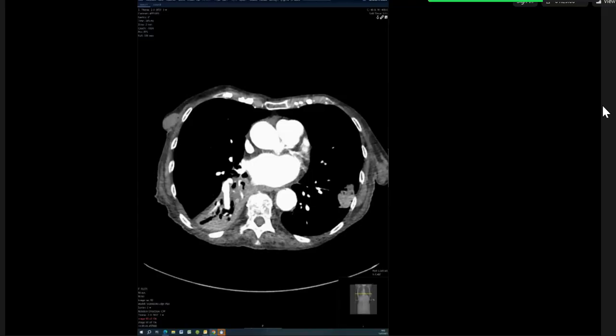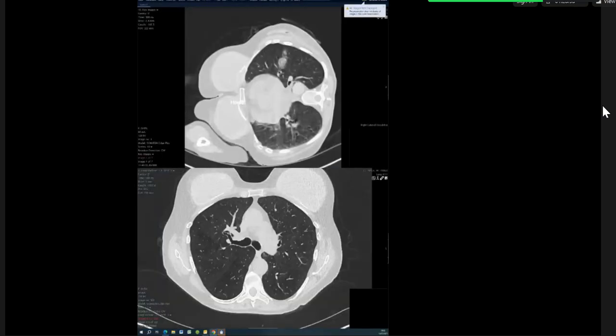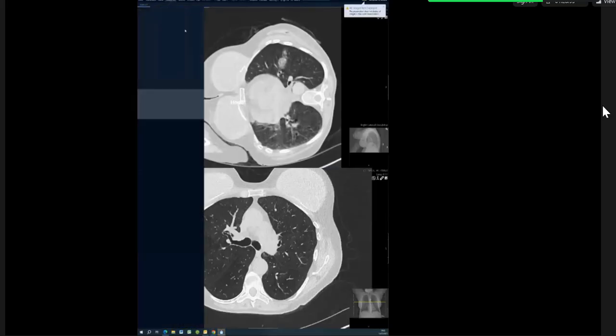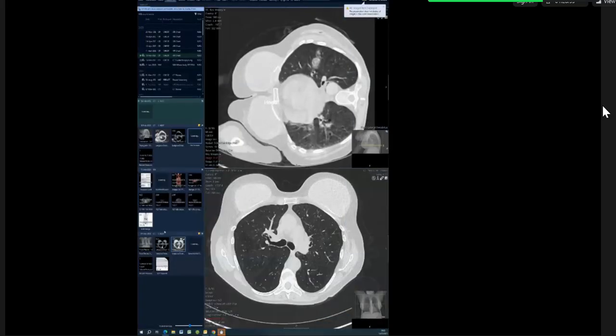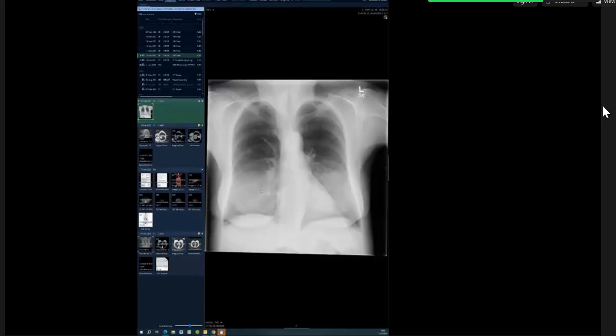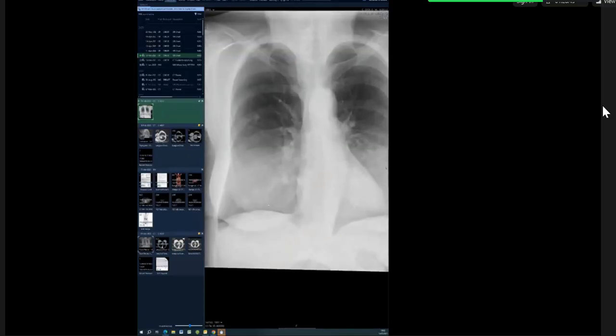I'll take you to the second one we did, which was the small nodule. I think you did really well here. You picked the nodule straight away, which isn't always easy. So that was a good pick. Again, the breast implants, a very common mistake, but in this one, at least you can clearly see the outline of the breast implants.